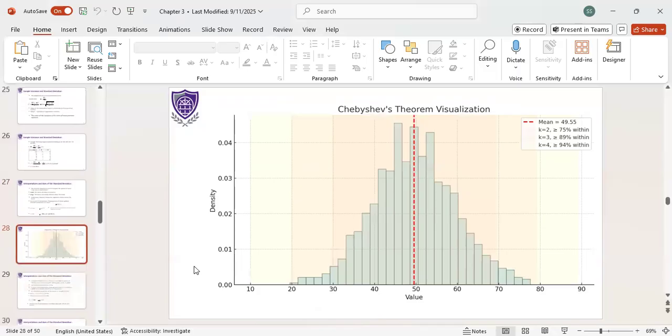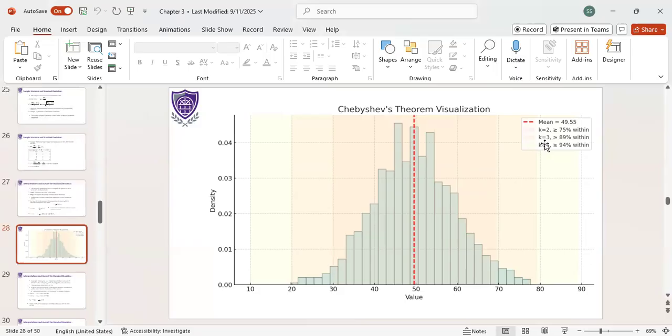So look at this picture. Here are different colors that I put. The mean is this one, which is almost 50. And here is the data that is within 2 standard deviations, this a little bit darker shade. So it means at least 75% of the data are between 2 standard deviations below the mean and 2 standard deviations above the mean.